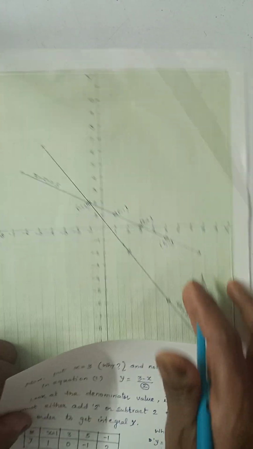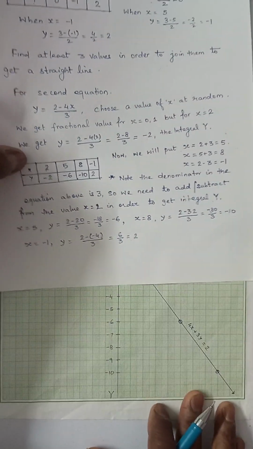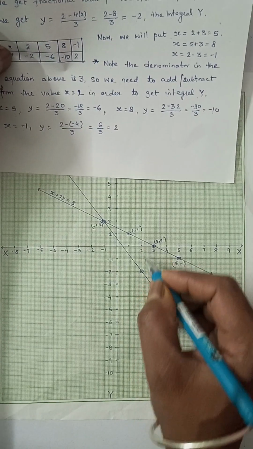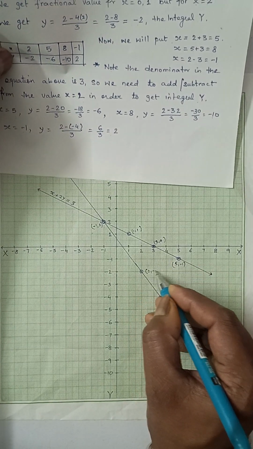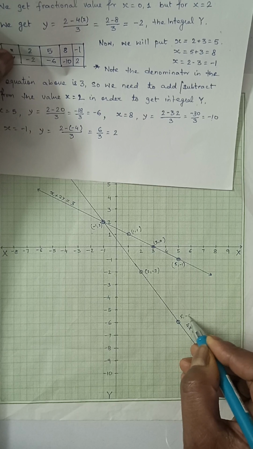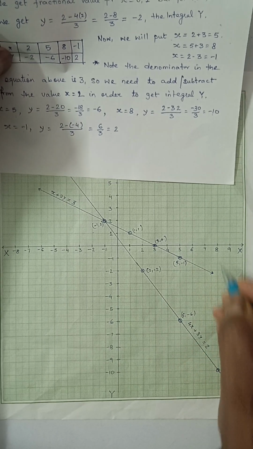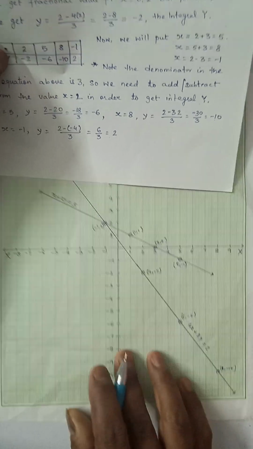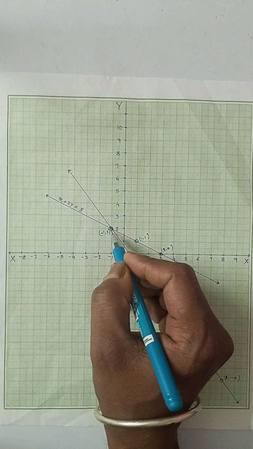For the second line 4x plus 3y equals 2, we get the points as 2, minus 2. So 2, minus 2 is this. 5, minus 6. 8, minus 10. And then minus 1 comma 2.